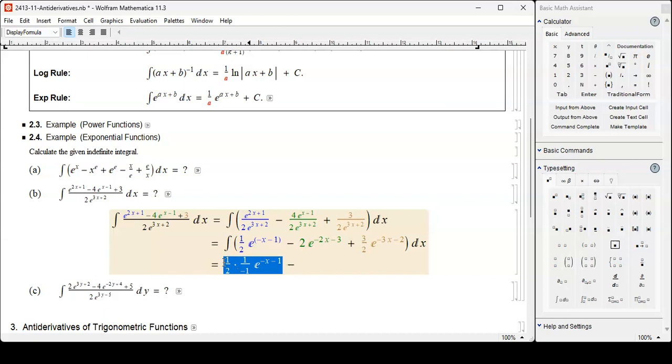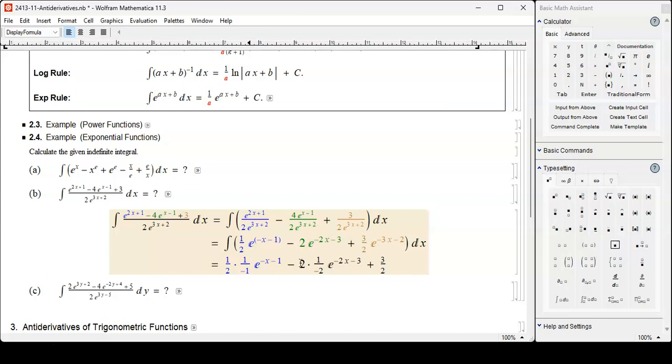So that's the blue part. Now let's go to green. 2 was there before. Exponential of negative 2x minus 3. Nothing changes. And then we need 1 over a. Oops. Now 3/2.